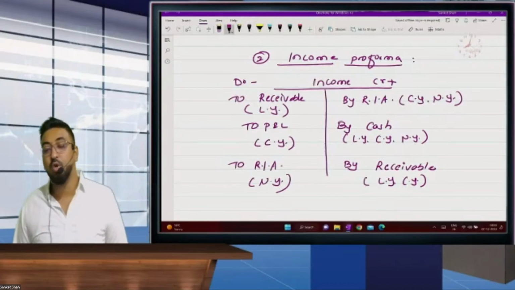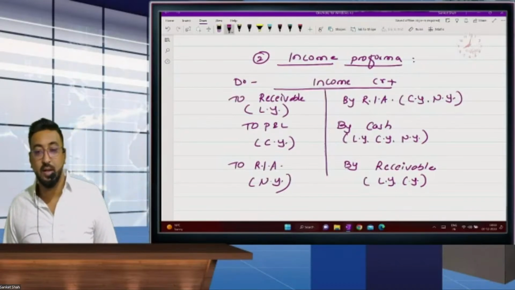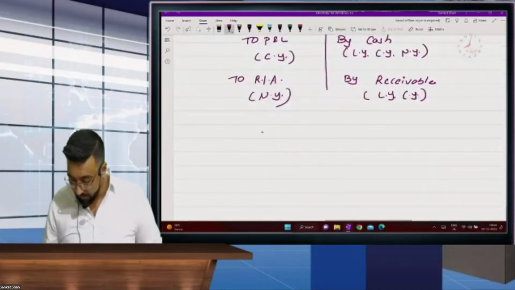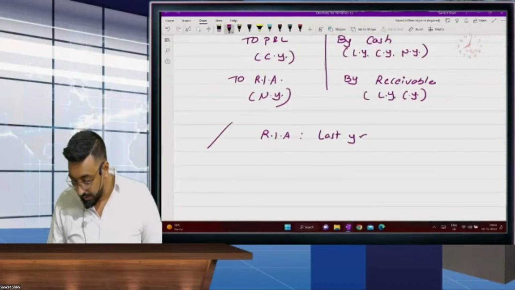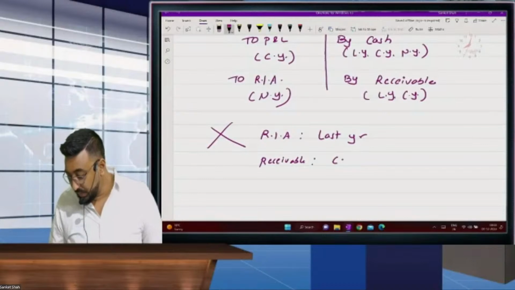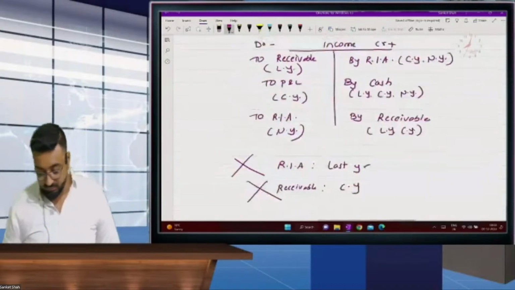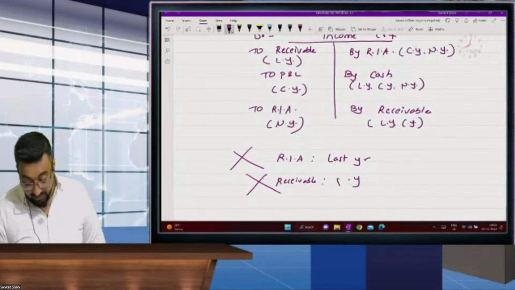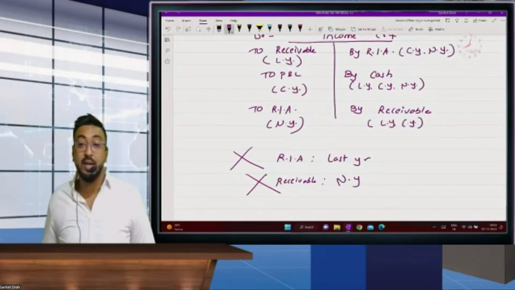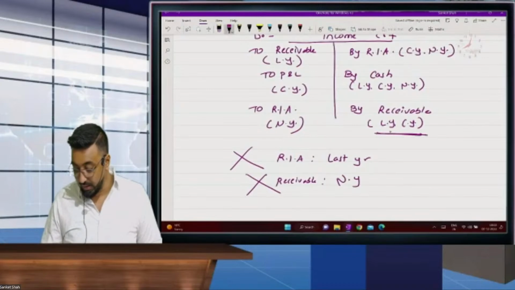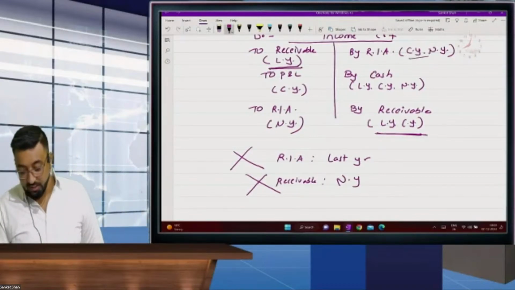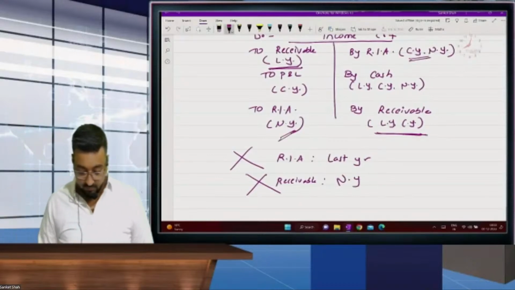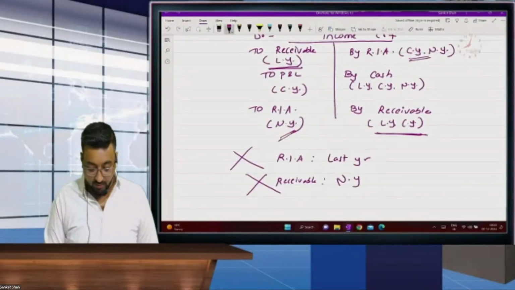And receivable is always for last year or current year. It's never for next year. Remember, received in advance is never in last year. And receivable is never next year. Look, receivable is not next year. And received in advance is never of last year. So remember in this way. How is it possible, na?